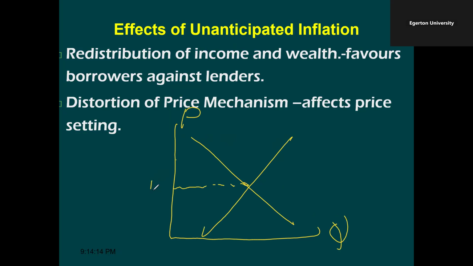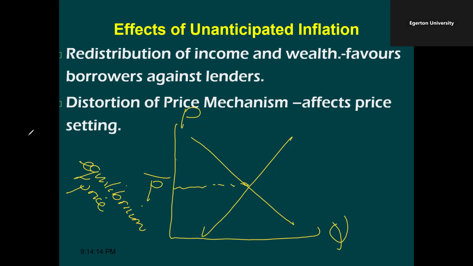So when we talk about that, P bar being the equilibrium price, we talk about inflation having a negative effect in the distortion of this. So this economic ideal that prices should be set purely through the forces of demand and supply is compromised, does not work as effectively as anticipated when inflation is thrown into the mix.